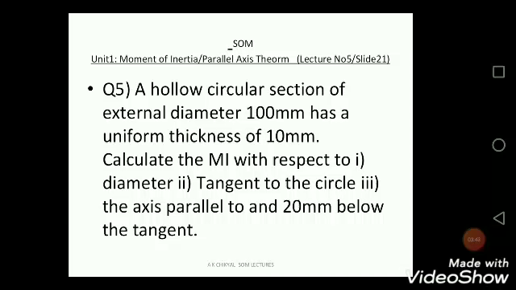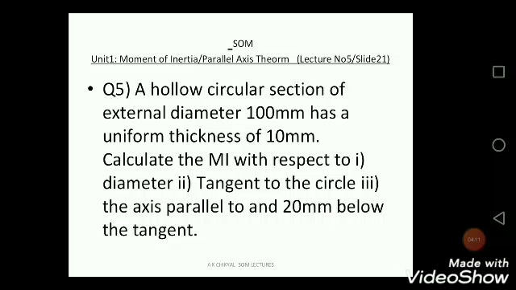Just like in our third numerical, the problem related to the rectangular cutout section, where we found IAB, in the same way you have to solve this problem. So this second part you have to solve using that formula.